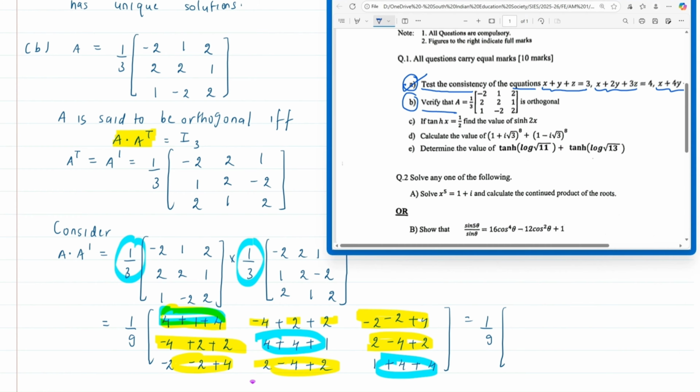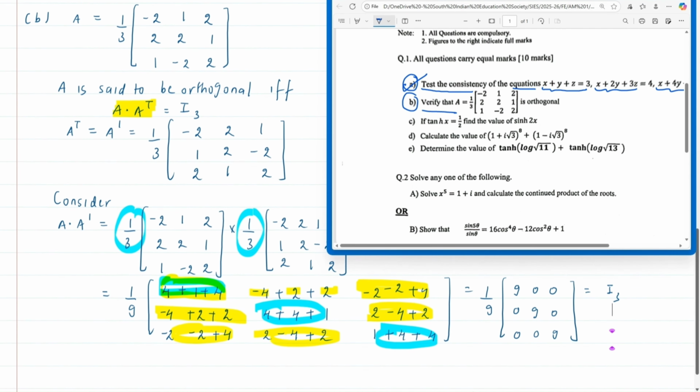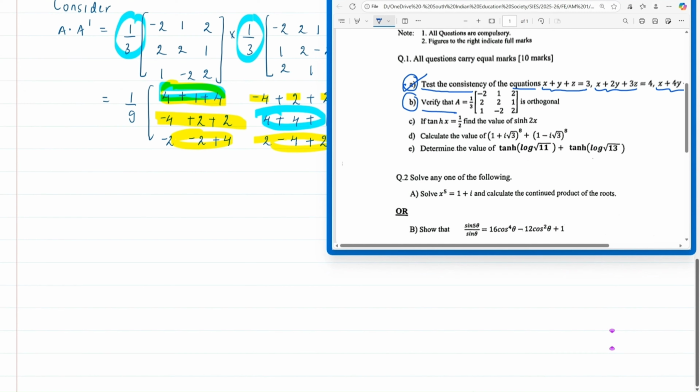Thus we have got the matrix entries as 9, 0, 0, 0, 9, 0, 0, 0, 9, and that is equal to I3. So since we started with A times A transpose and we have got that it is equal to the identity matrix of order 3, we can write down our conclusion. Therefore, A is an orthogonal matrix.